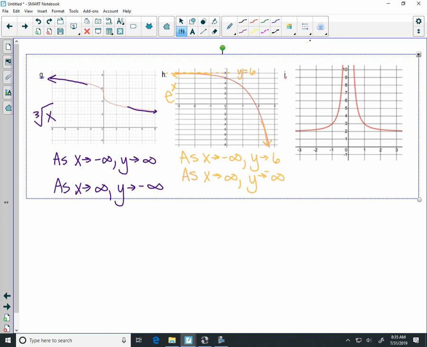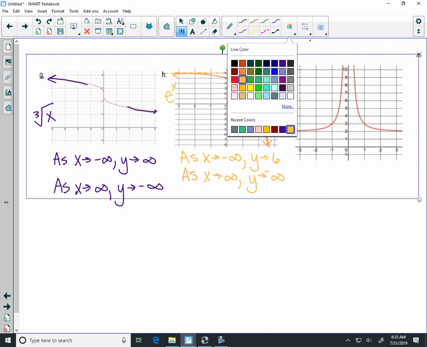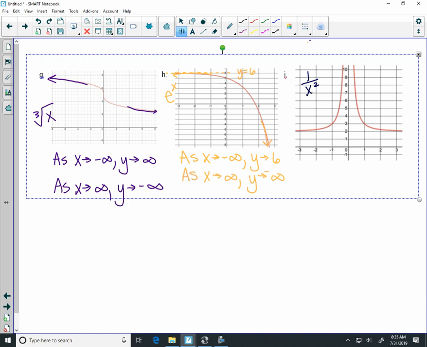All right, last one. This guy is a 1 over x squared with a transformation that just moves it up. Similar to what I just said with e to the x, with 1 over x and 1 over x squared, you have to know to look for these asymptotes.